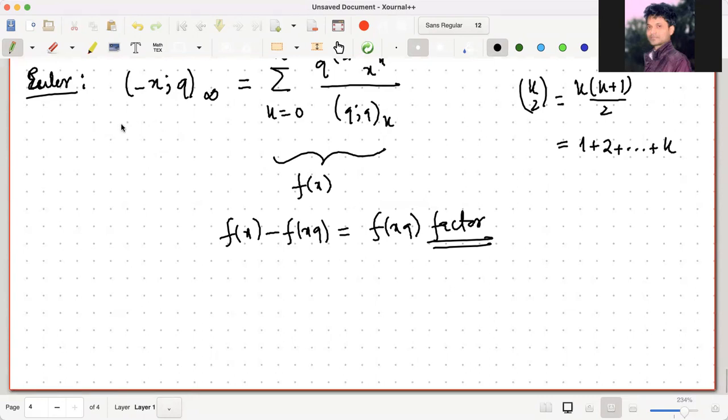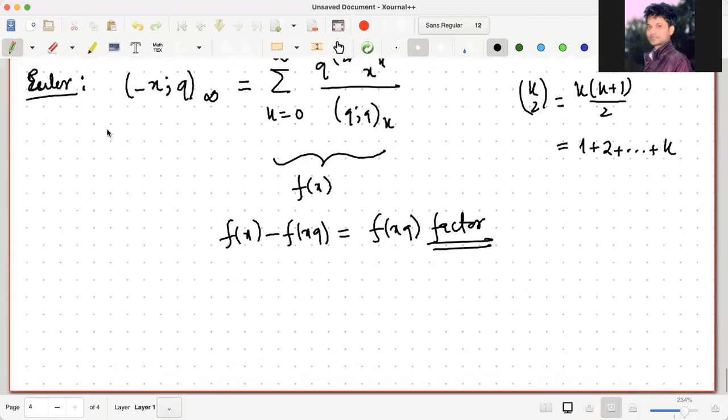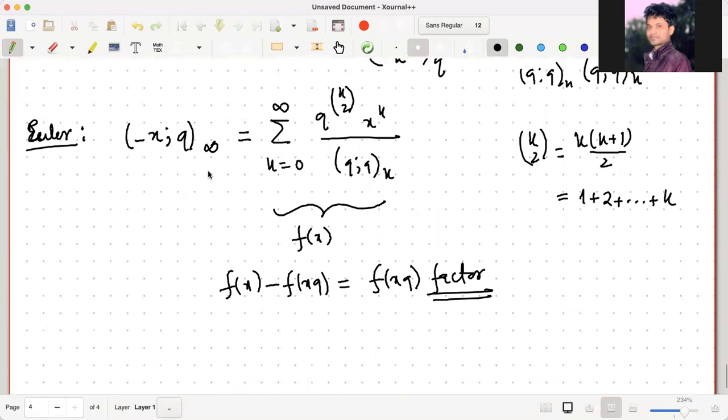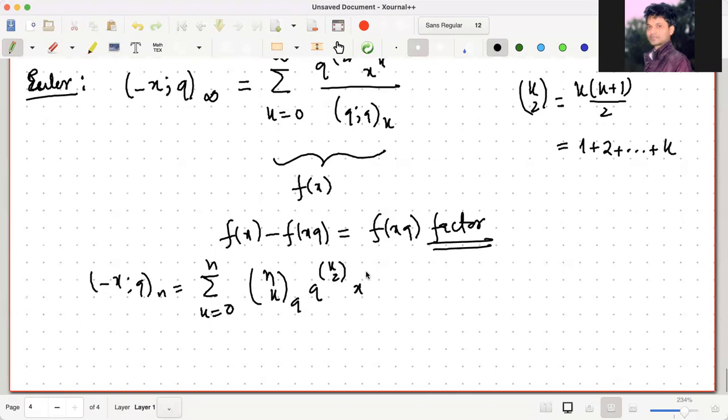This is also sort of the infinite version of Rothe's q-binomial theorem. If you remember, Rothe's q-binomial theorem says that (-xq)_n was equal to the sum over k from 0 to n, n choose k, q raised to the power k choose 2, x to the power k.